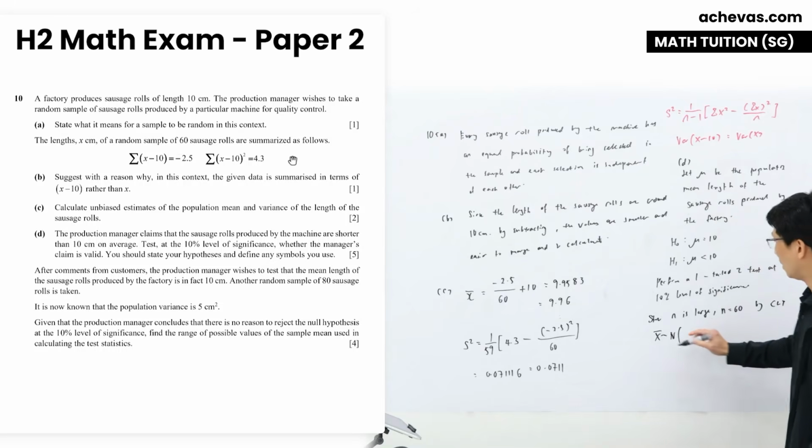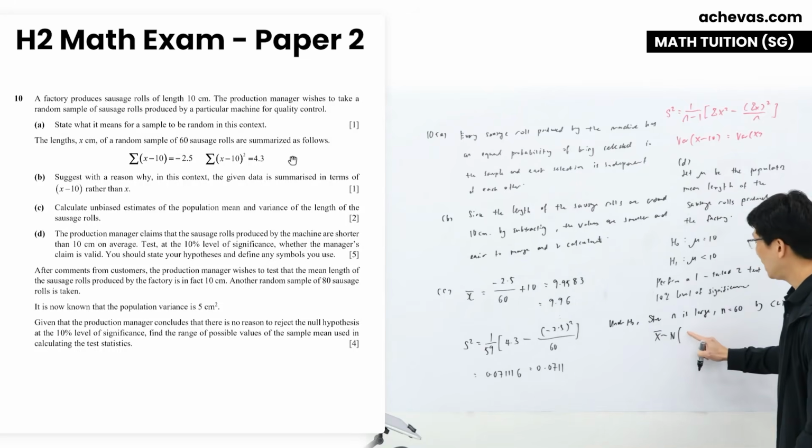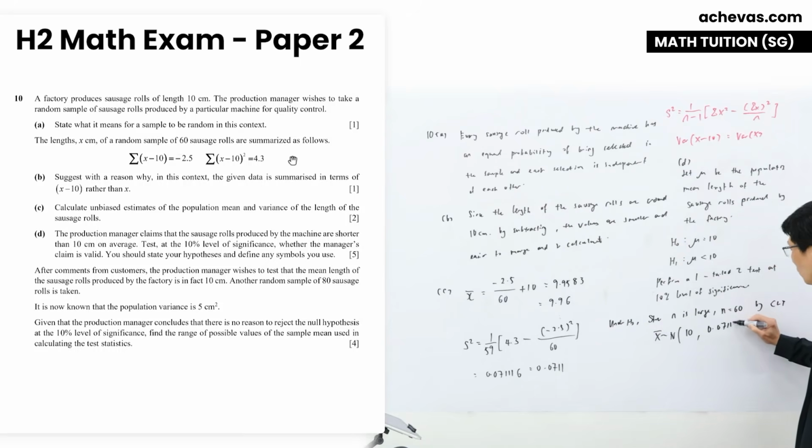Under H0, our mean is 10, and the variance will just be approximately 0.071116 divided by 60. So this is my distribution for X bar.